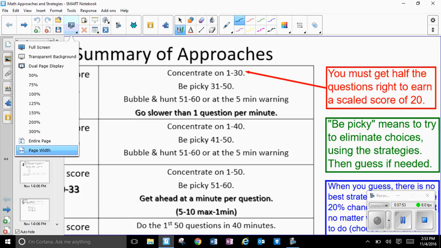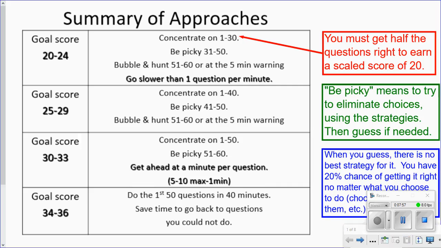All right, so the next thing we are going to cover are some math strategies and some approaches. So these are different strategies, or different approaches, I should say, to distinguish between the two, on how you should go about the problems on the test and pace yourself.